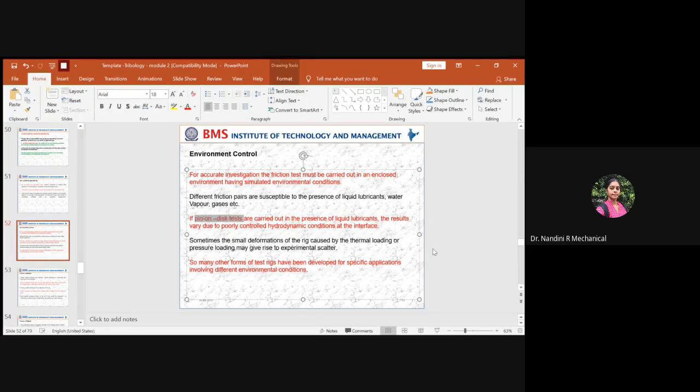Due to fluctuation in the movement of the lubricant film, you will not get a consistent value, and hence in these cases it is not hydrodynamically controlled. In that case, you should place this pin-on disc test in a safe, enclosed environment, where you can get consistent coefficient of friction measurements.